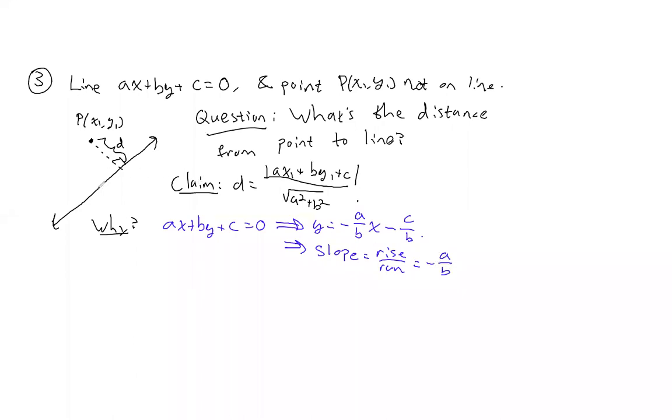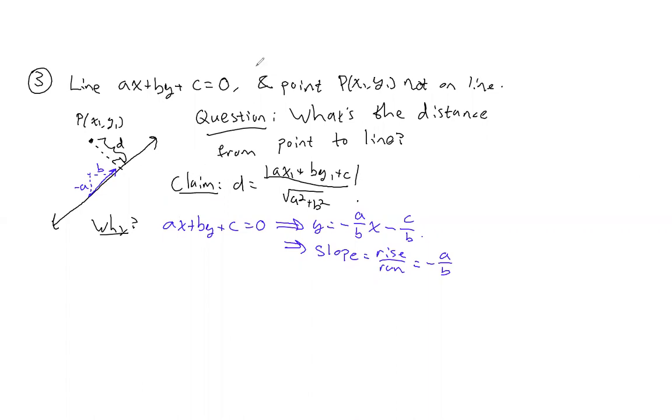So in other words, in this case, the slope vector that we're interested in goes up by negative a and over by b. Now it could be that these are negative. If one of them is negative, then that just means that the line is sloped negatively. That's fine for our purposes.